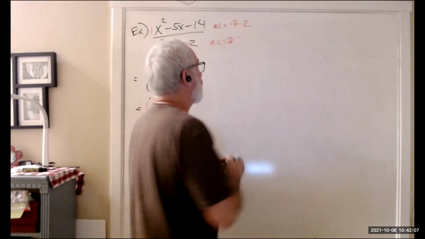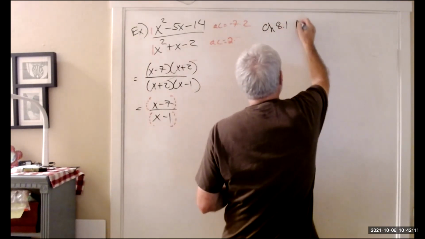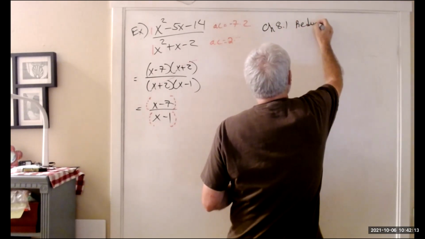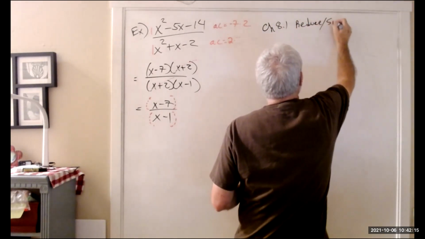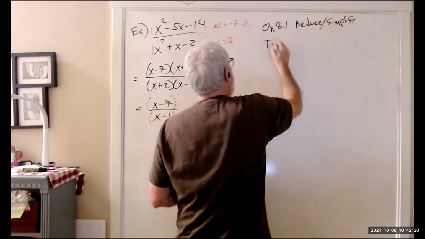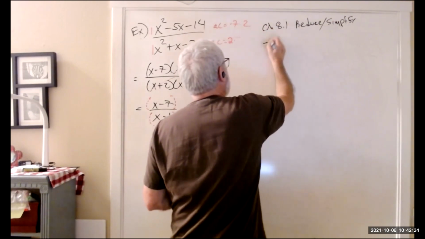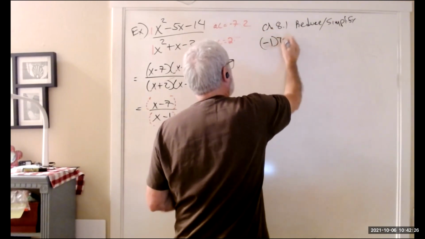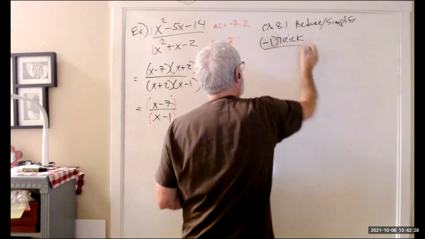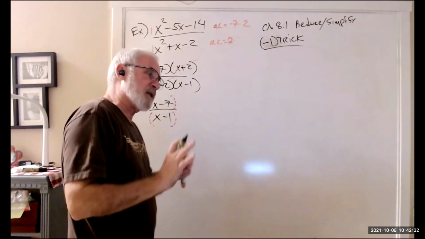Okay, so this is still chapter 8.1. We're still reducing or simplifying, but now we're looking at, I call it the -1 trick. You don't need these for your notes yet.